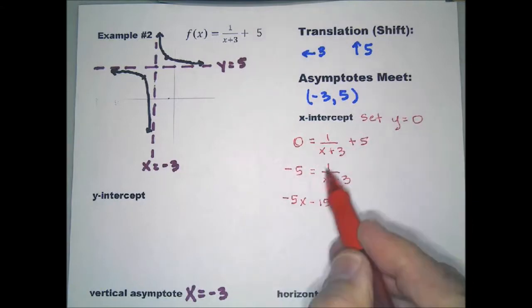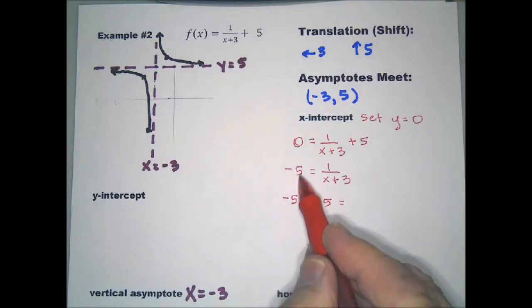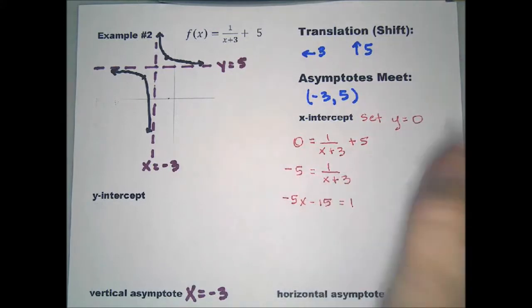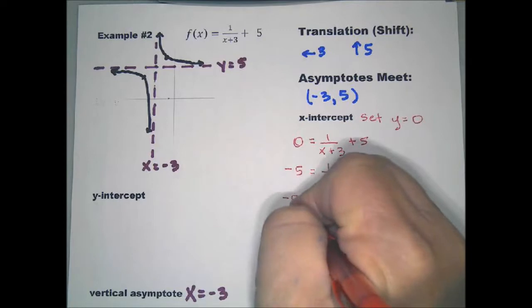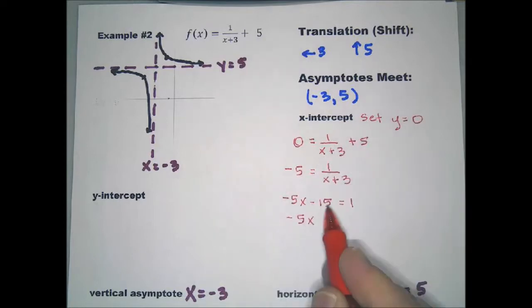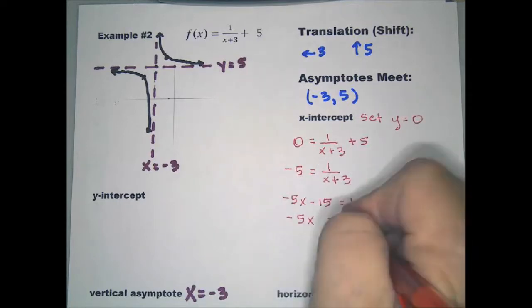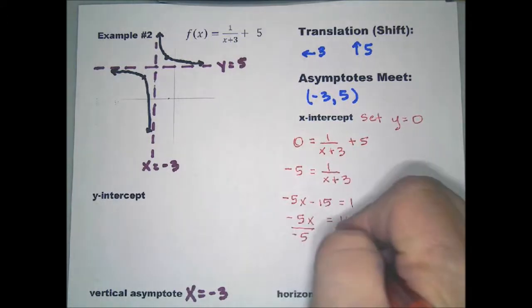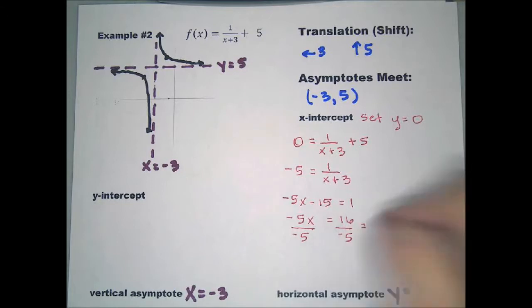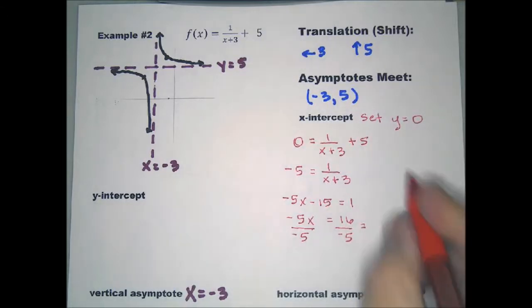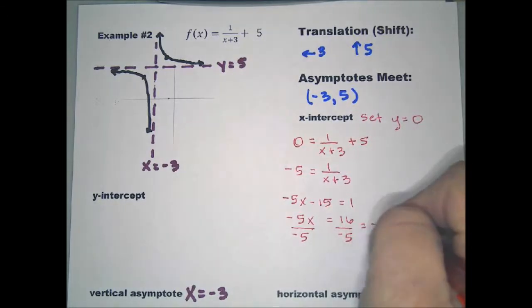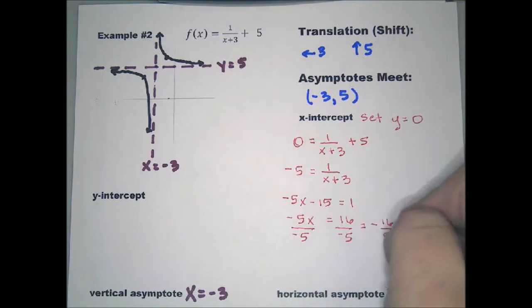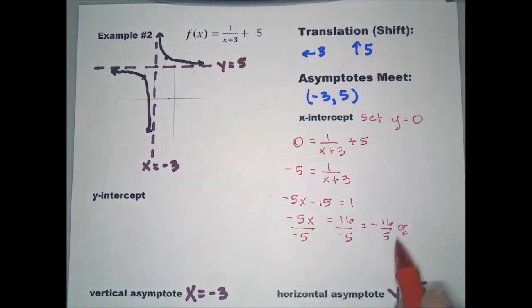And when you distribute the other way, remember there's a 1 under this negative 5, so it would be that 1 times that 1, which is simply 1. So negative 5x equals 1, add 15 to each side, 16, divide by negative 5, divide by negative 5, equals, positive divided by negative is negative, so negative 16/5, or that would be negative 3 1/5.